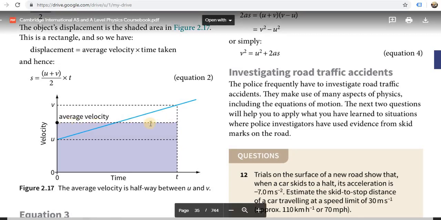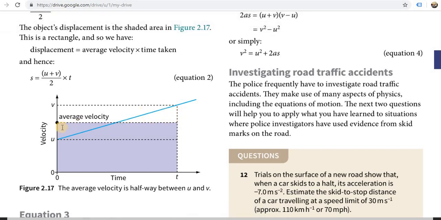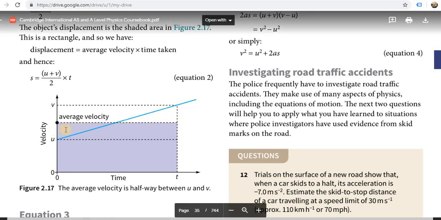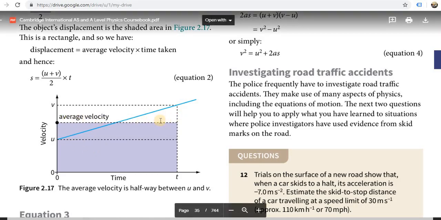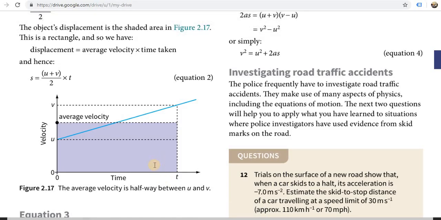What we can do is, if you draw a line like this, you can see that this area here is equal to this area here. This triangle is identical to this triangle over here. So once we draw a horizontal line such that this area and this area are the same, then very simple, it's this length into this length that will give you the displacement in time t.